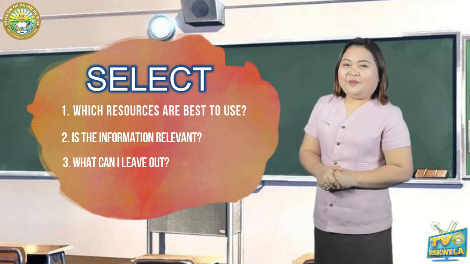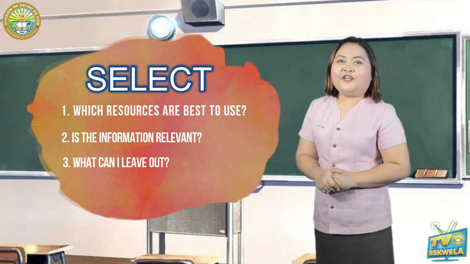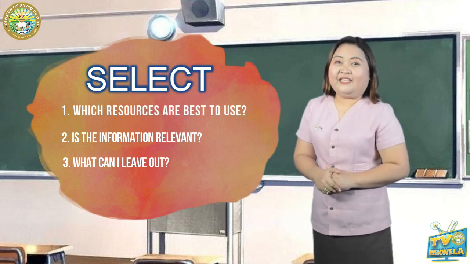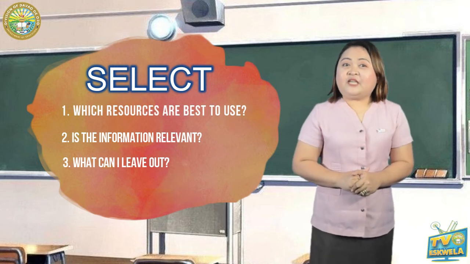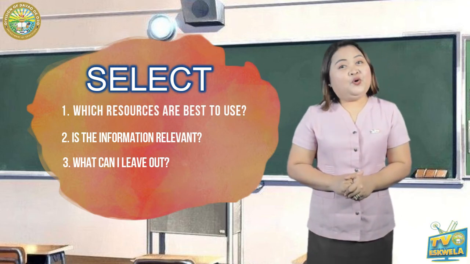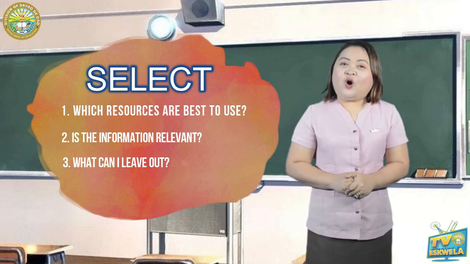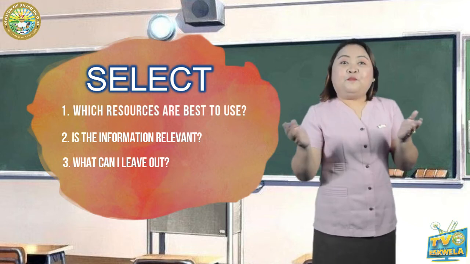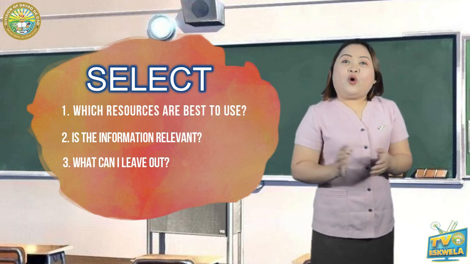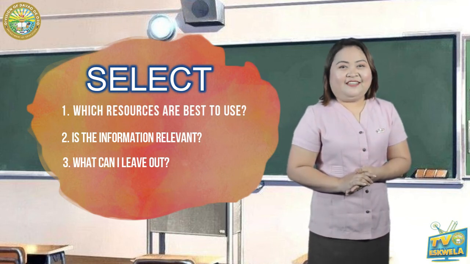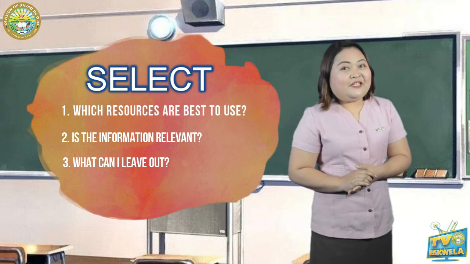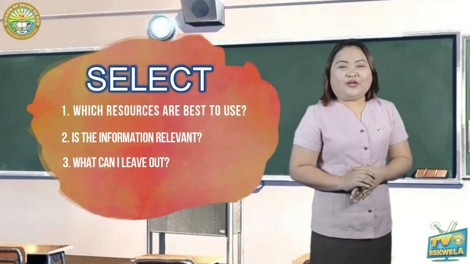This is the step in which the information gathered must be carefully evaluated. You need to also check if the material is up to date or not, who wrote it, and for what audience. Most importantly, record all the sources of information for your bibliography. This will save time at the end of your assignment.